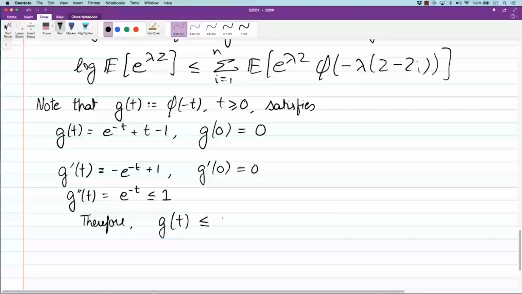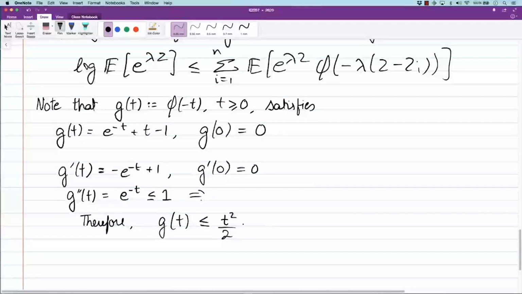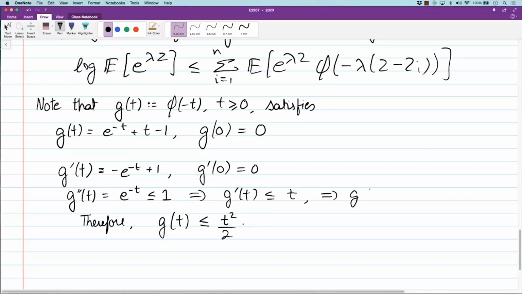So the derivative of g is always less than or equal to t, and this implies g(t) is less than or equal to t squared by 2. Okay, that's the proof.